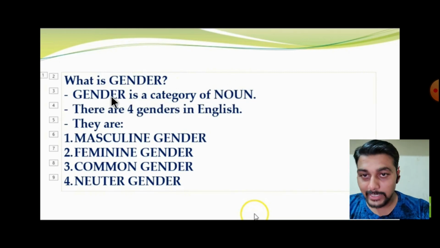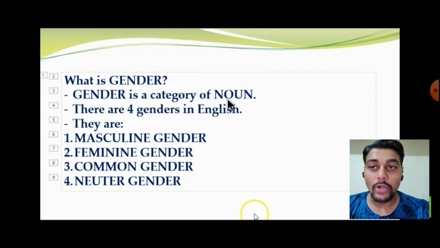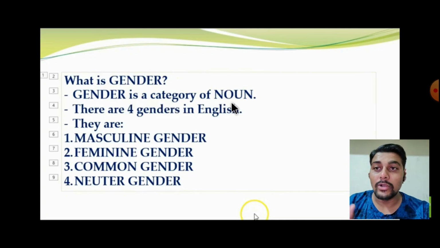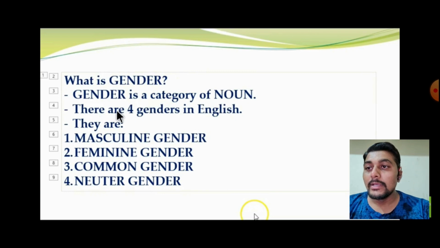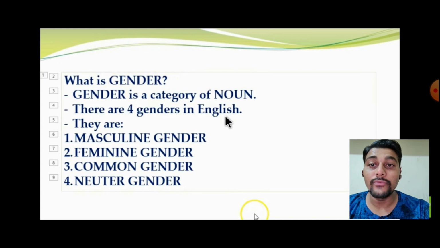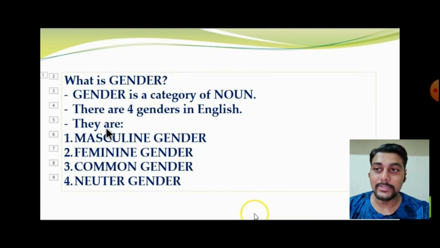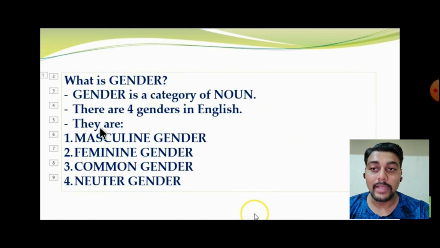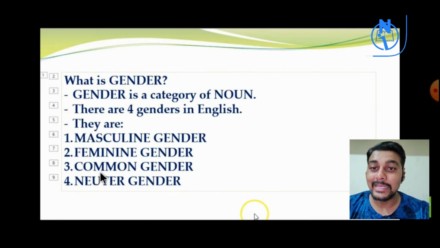Gender is a category of noun. There are 4 genders in English. One more time, there are 4 genders in English. Please remember these 4 kinds of genders.